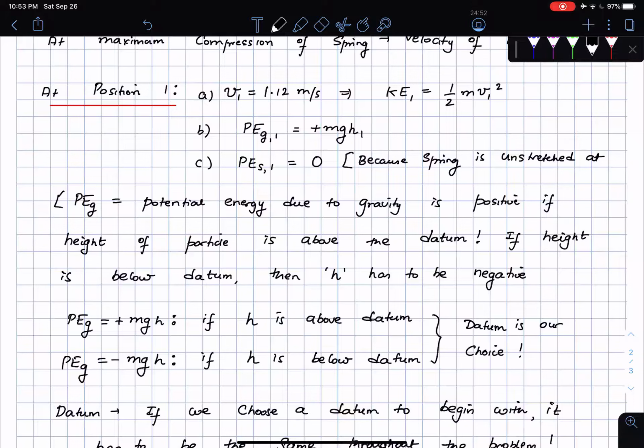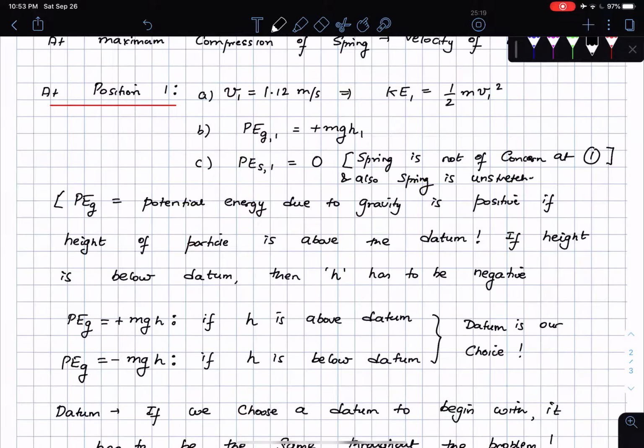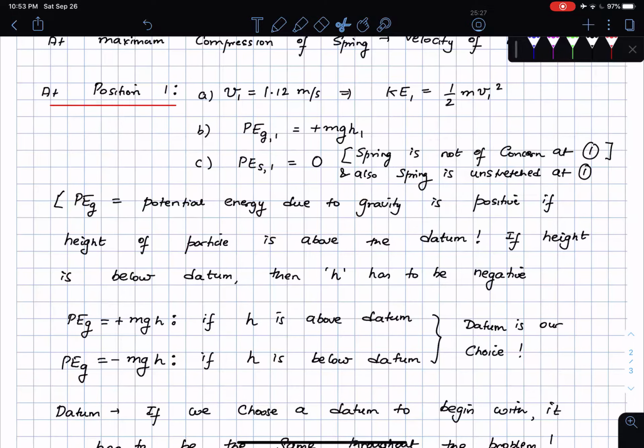So the spring is not of concern at position 1, and also it is unstretched at position 1. These are the reasons why this is not going to be an issue for us at position 1. So three things that you want to look at: kinetic energy, potential energy due to gravity, and potential energy due to spring.